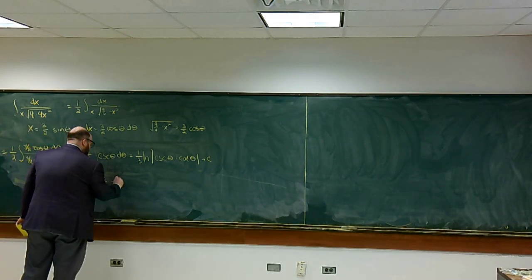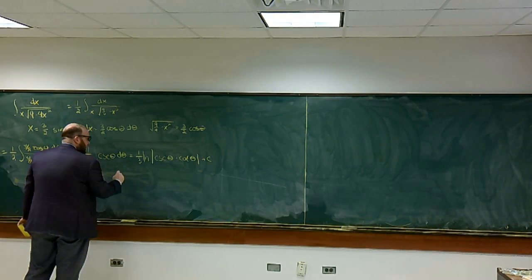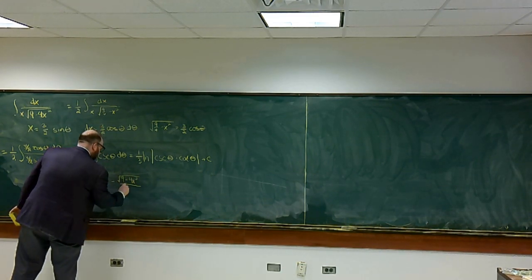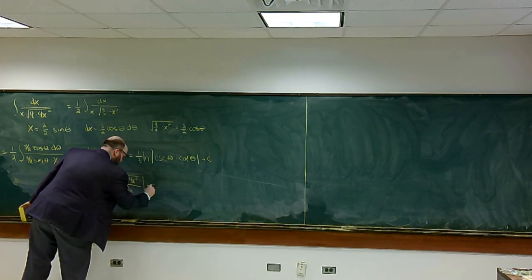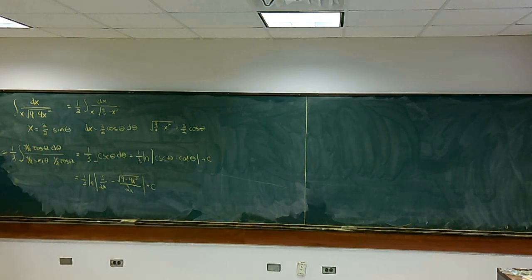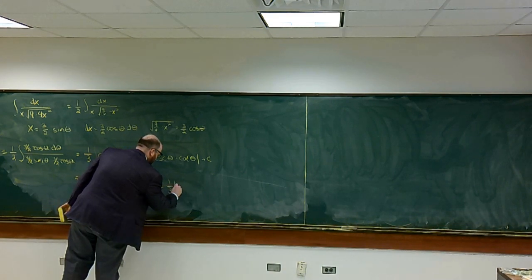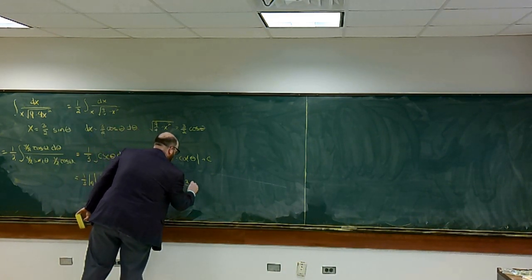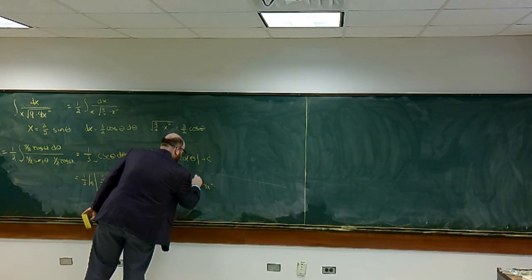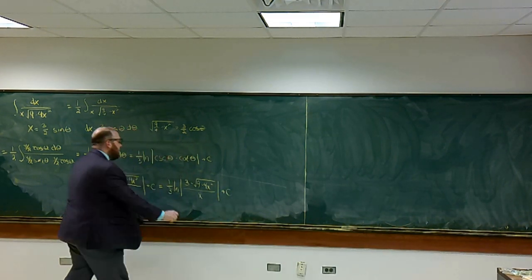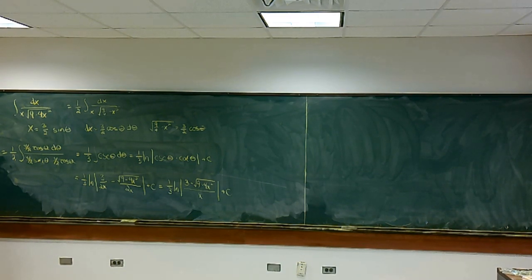And we said cotangent, I'm going to use the right triangle form: square root of 9 minus 4x squared over 2x. Which we can write that way.